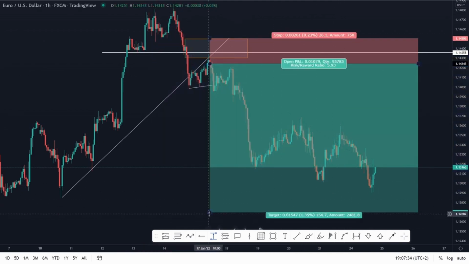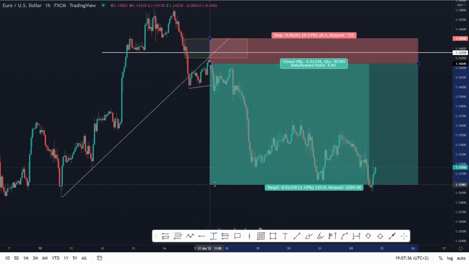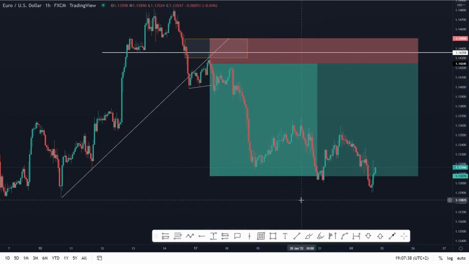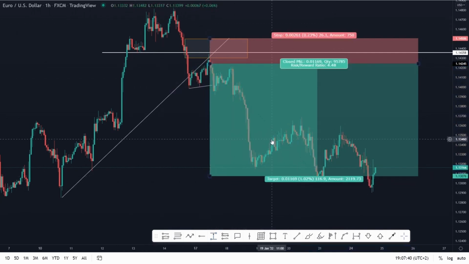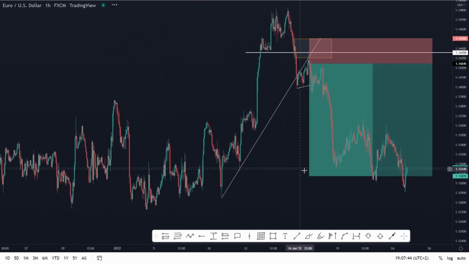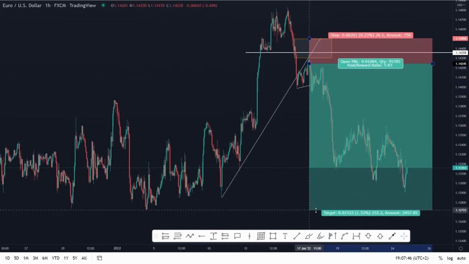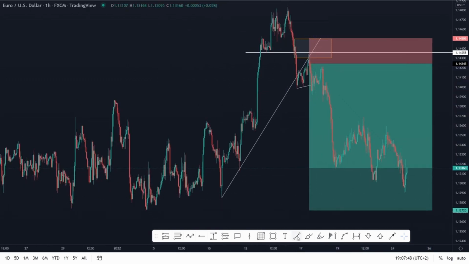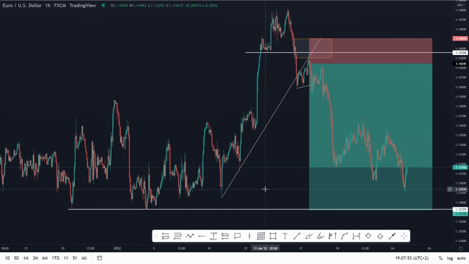As you can see, 1:4 is from here. Your target is hit, and then for the rest you can add maybe the previous lows, which is this area here. But your target 1 has been reached.